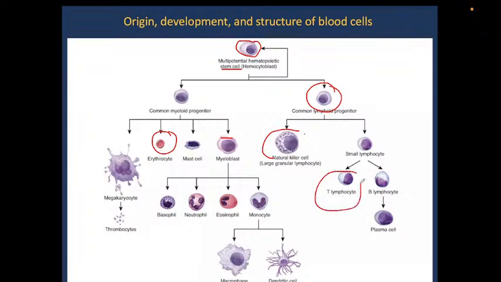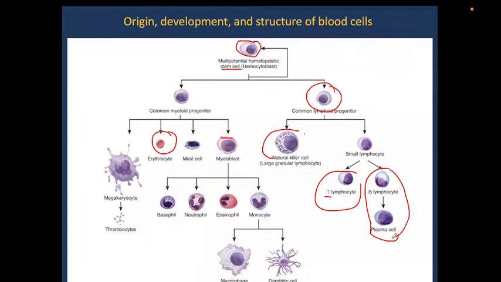T lymphocytes usually develop in the thymus, because T means thymus, the location of T lymphocyte production.